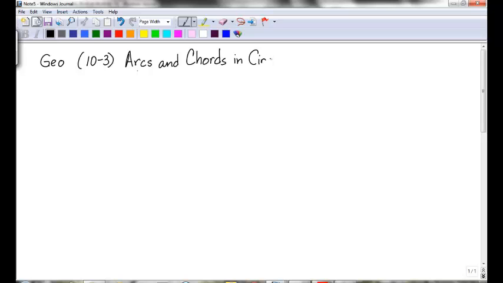Remember, when we're talking about a chord on a circle, we're looking at a line segment that cuts the circle, and the two endpoints are on the circle. A chord that went all the way through the center would be a diameter. But a chord just basically cuts the circle, and the two endpoints are on it.